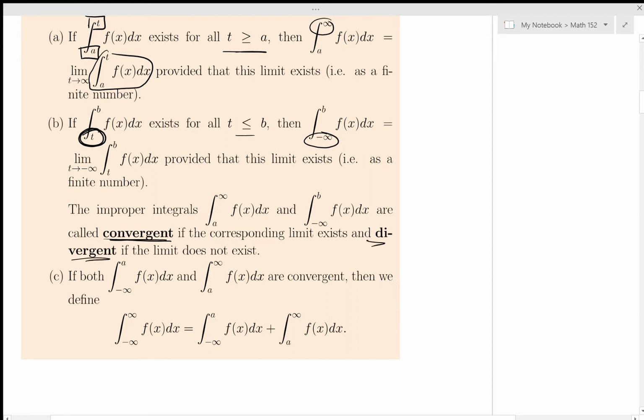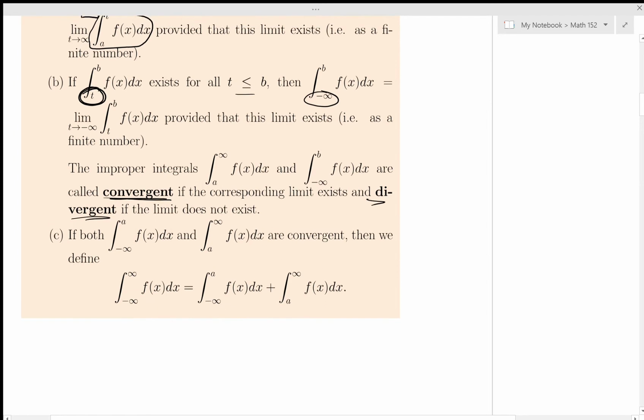If we have the situation where we are going from minus infinity to infinity, where both of the endpoints are growing arbitrarily large in absolute value, you split the integral into two at any place you want. I've split it at position a. It doesn't matter; 0 is oftentimes quite convenient.